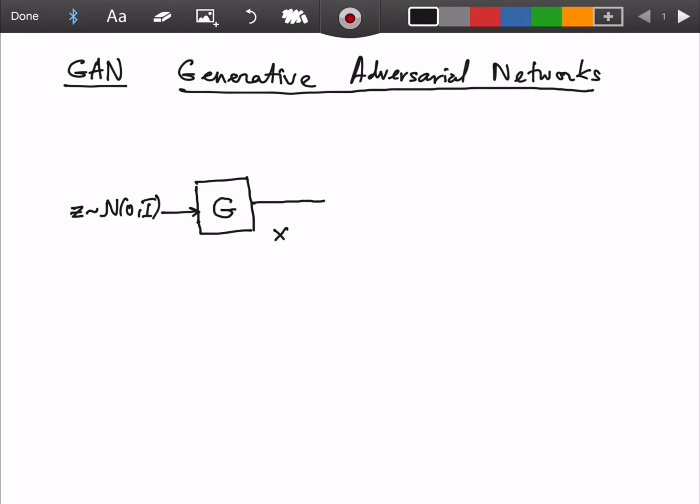Okay, and we try really hard to be as close, as faithful to the real distribution, to how our data samples look, as we can. And of course, the way we control this, we have a set of parameters here that we learn, obviously.